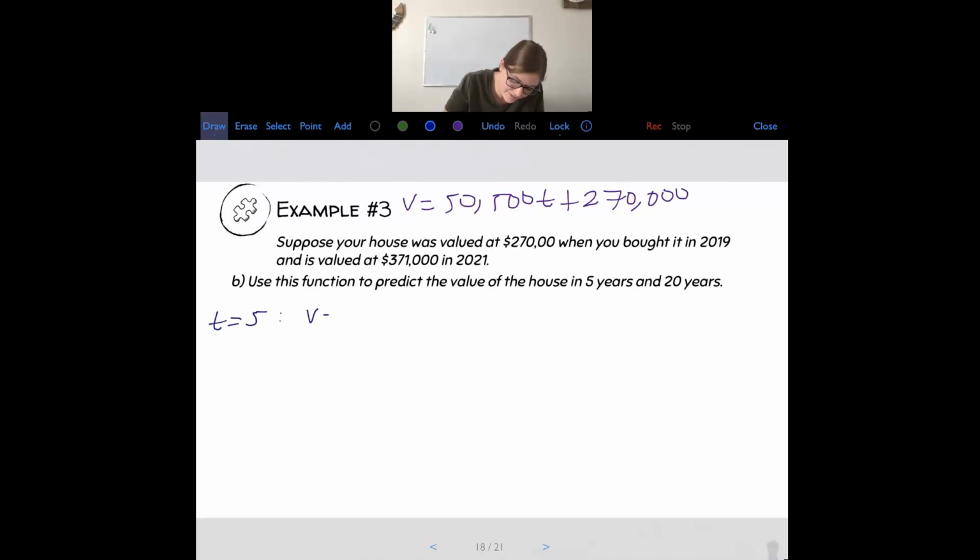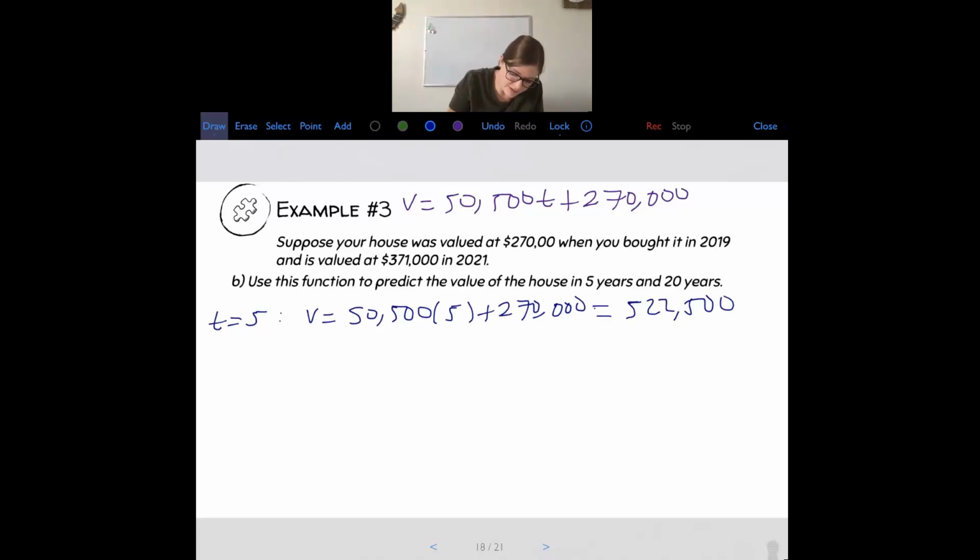So we would find the value by plugging 5 in for T in the equation. Okay, and we would get 522,500.